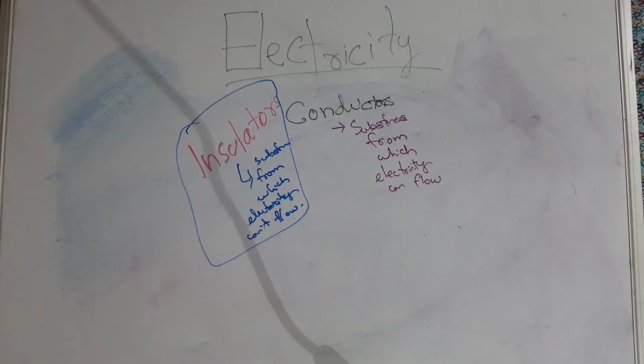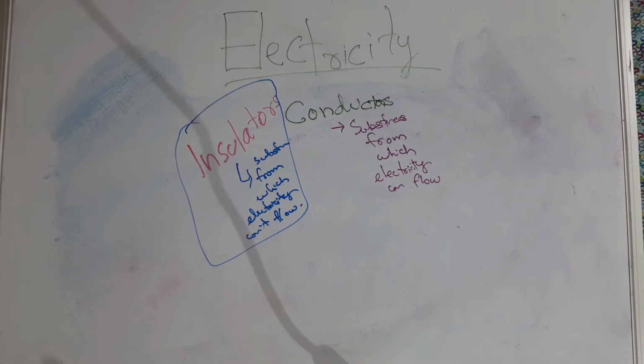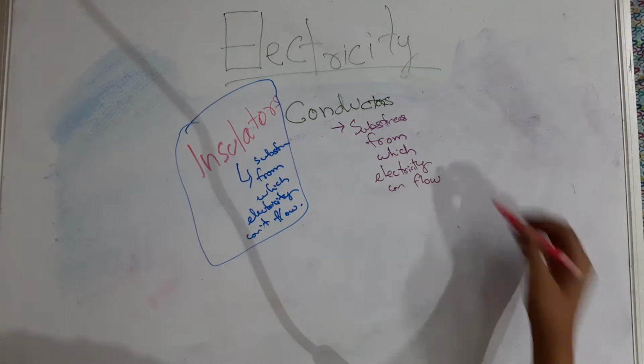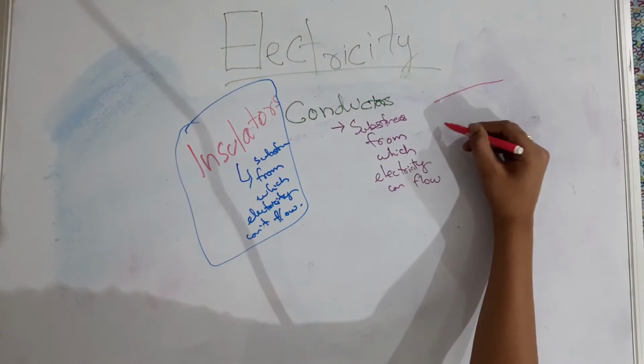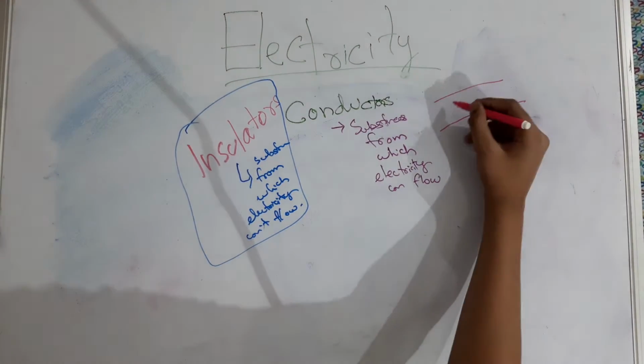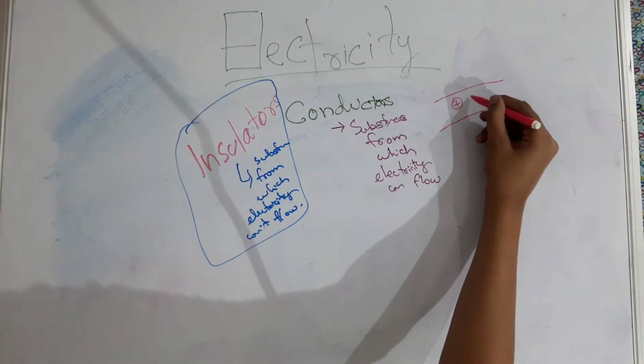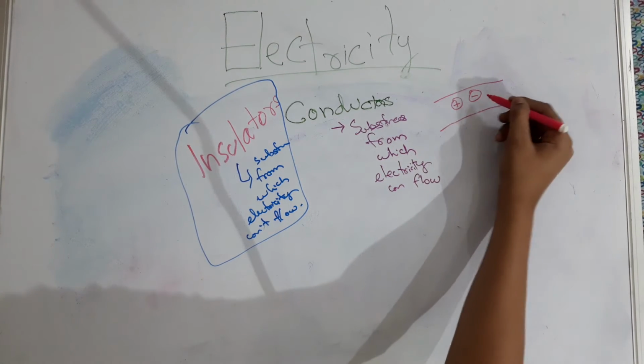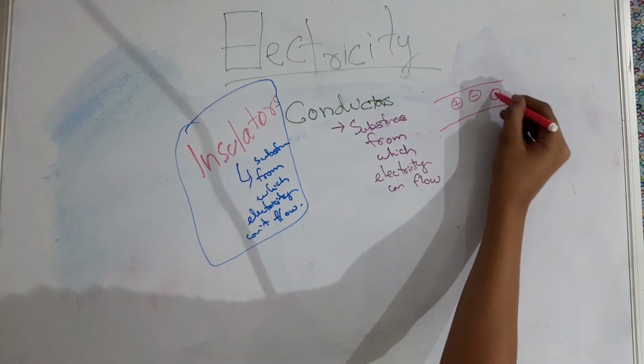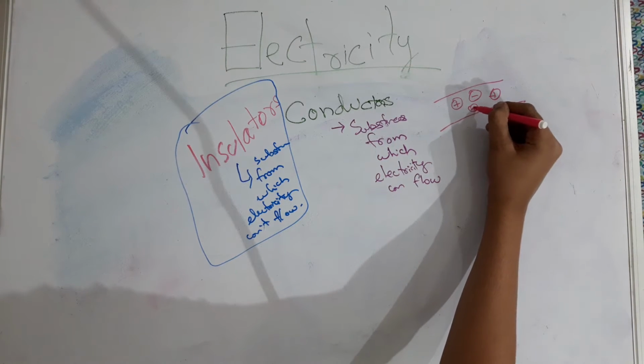Now what makes a substance a conductor or insulator? Just listen to me closely. Every substance, whether conductor or insulator, has some charges, some positive charges and some negative charges, means some protons and some electrons.